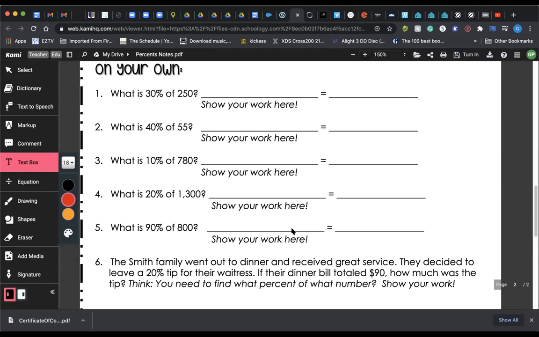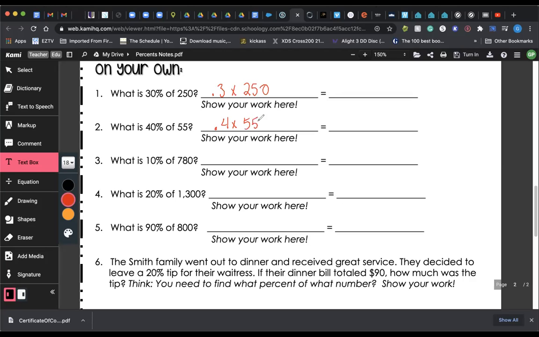All right, so let's try these. 30% of 250, so do all of them and then I'll just go over the answers with you all. Okay, what's 30% of 250? 40% of 55.